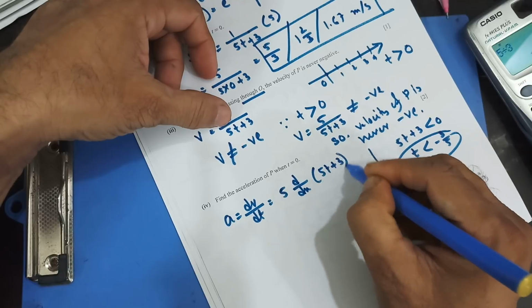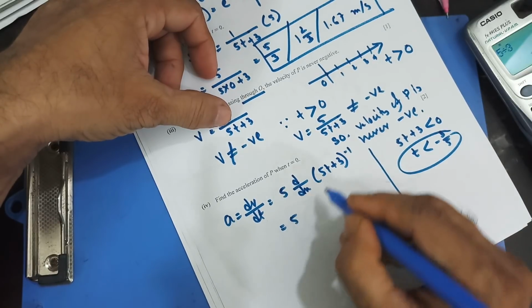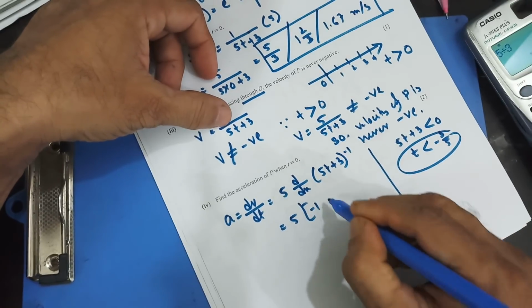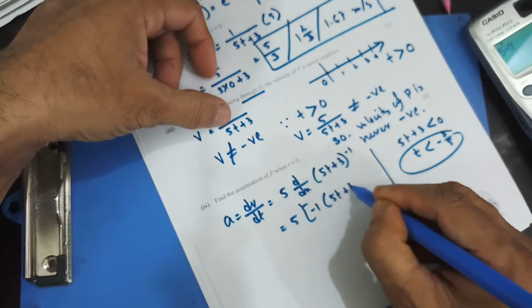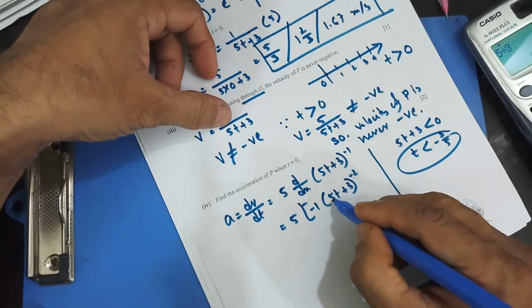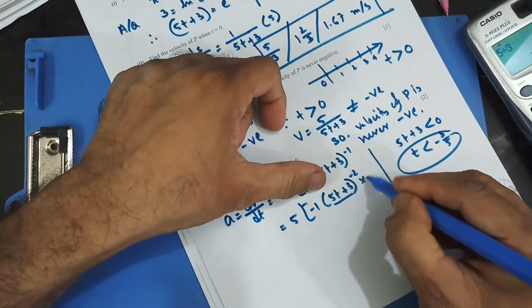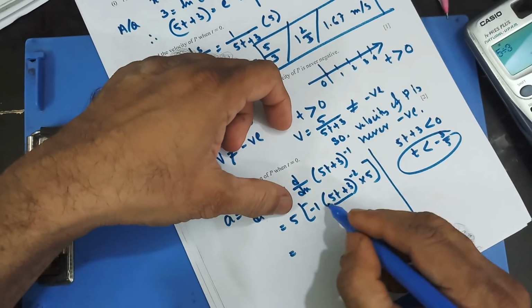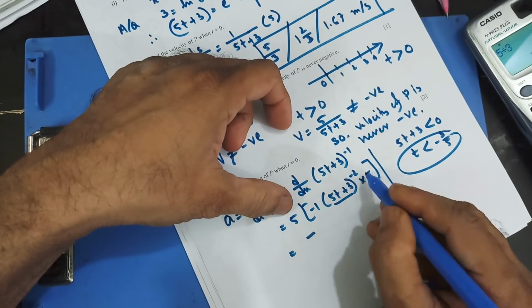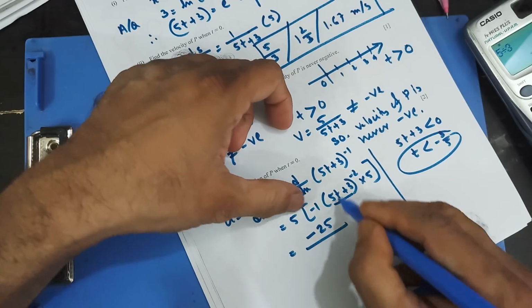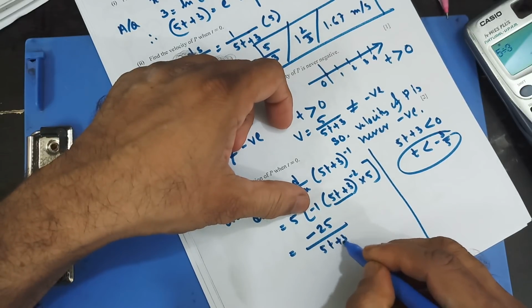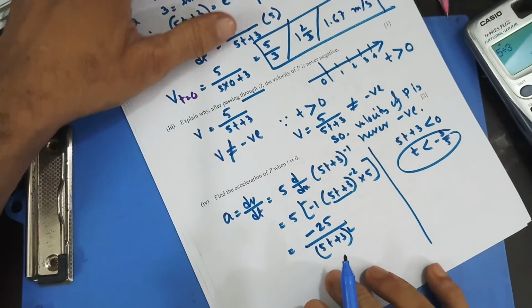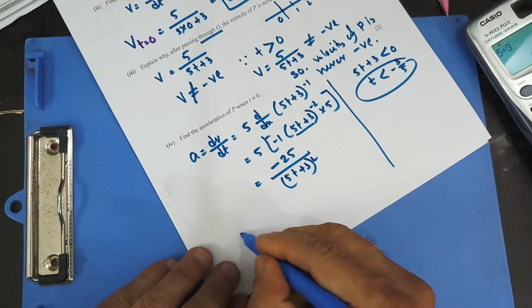Writing v as 5(5t + 3)^(−1), differentiating gives −1 times 5 times (5t + 3)^(−2) times 5. So on top it's −5 times 5, which is −25, and below it's (5t + 3) squared. So that's my acceleration.